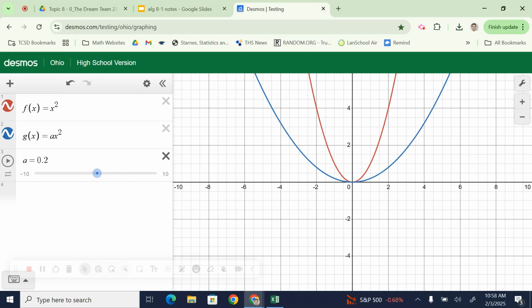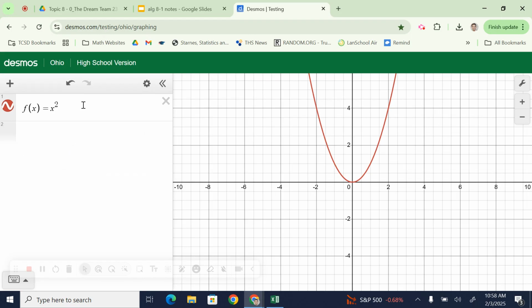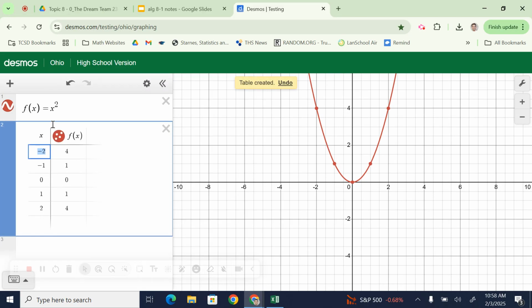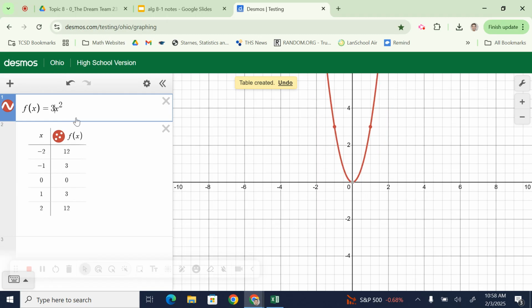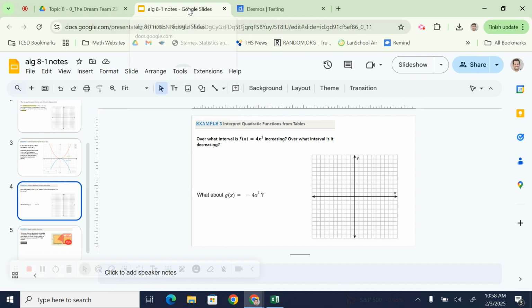I'm going to delete these two. So remember, once you have that, if you click on the gear and you go table of values, it will give you that table of values. So if you change this to a 3, right, it gives you the new value. So ours was a 4. So there's that 1, 4 as promised, right? So again, don't forget that gear and then the table button.